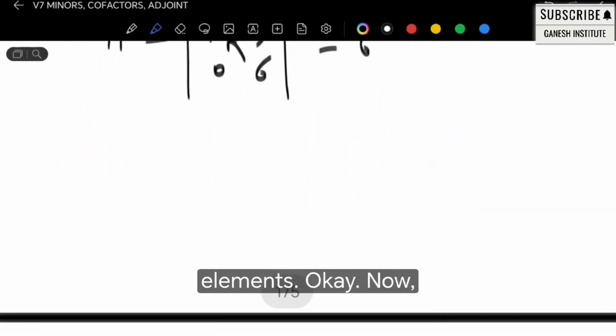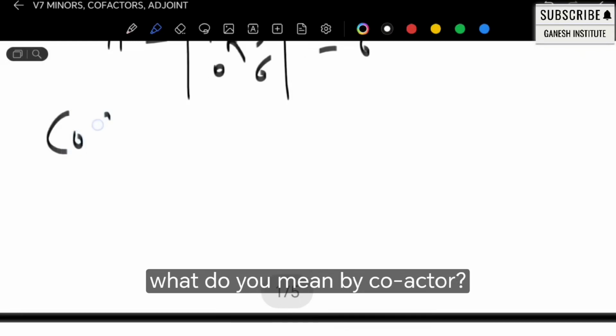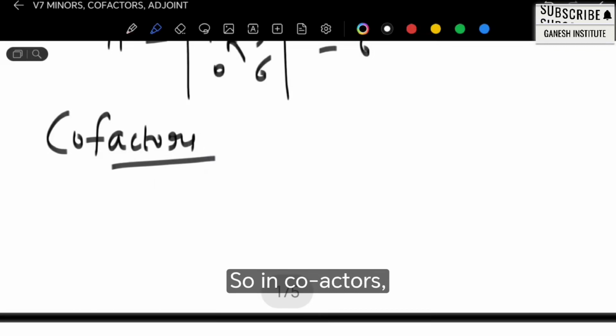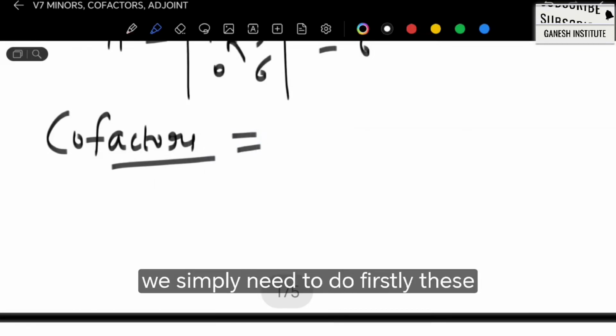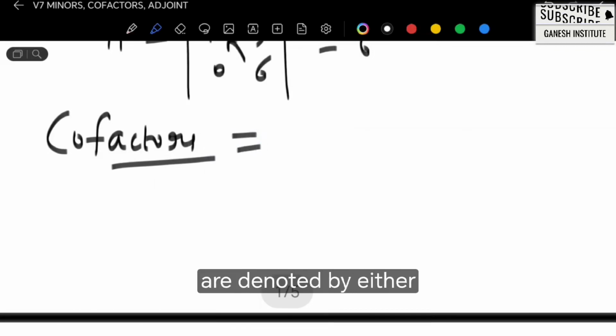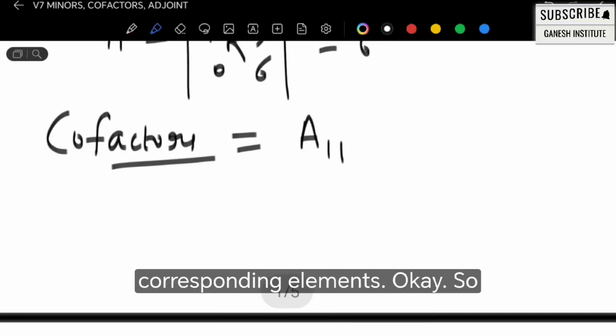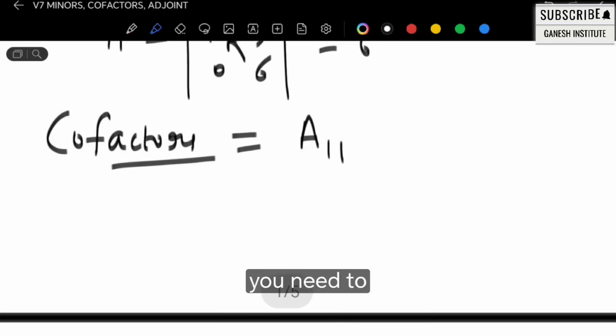Okay. Now, what do you mean by cofactors? In cofactors, firstly, these are denoted by either C11 or capital A11, A12, A13 for corresponding elements. Okay.